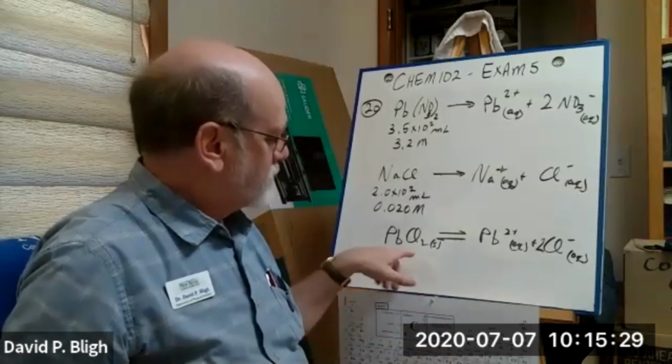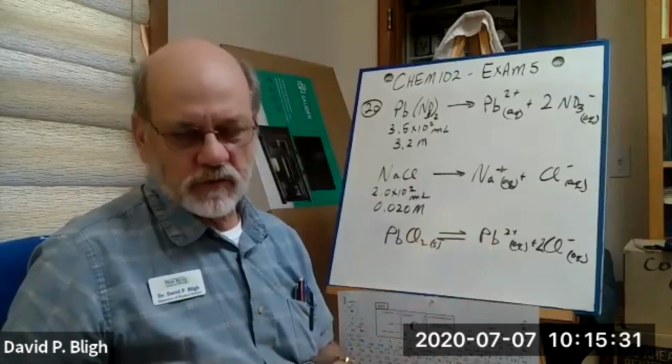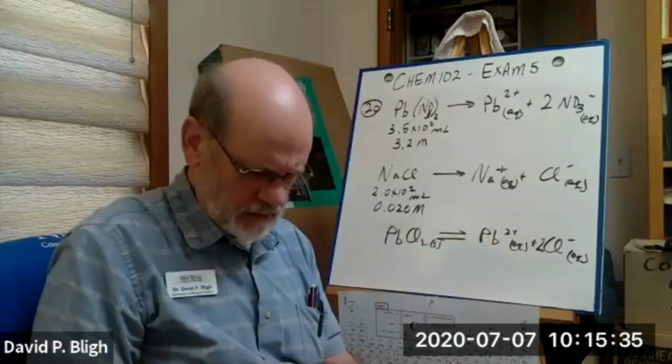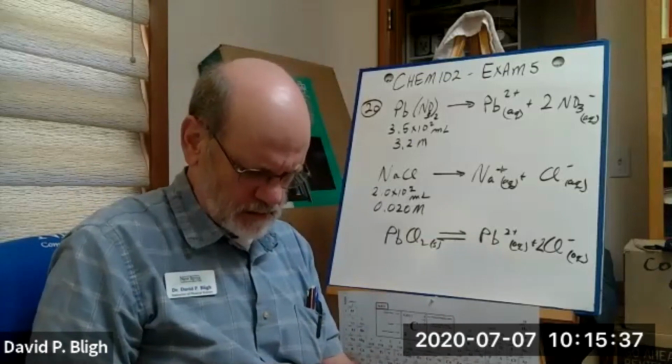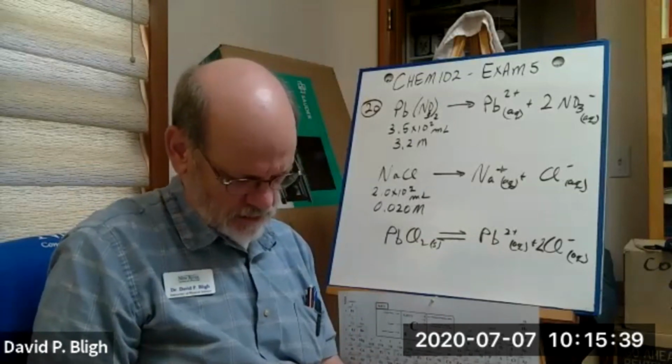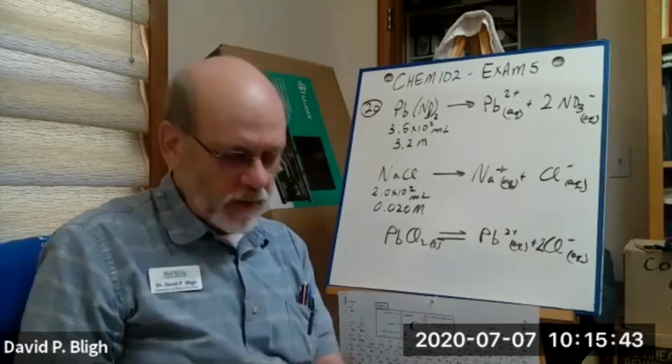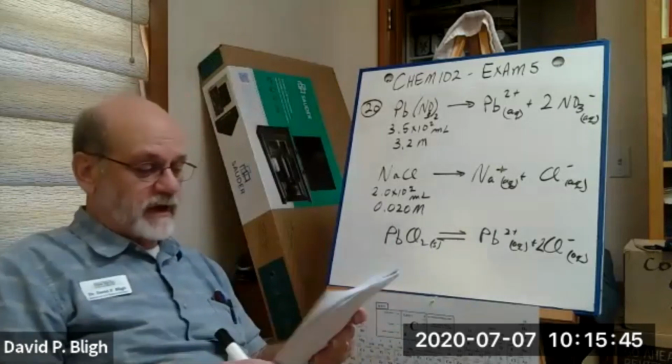As it turns out, lead 2 chloride would be insoluble. If you look at your, let's see, did I put one of those in here? No. Oh, well, we can tell that's where the KSP comes in.